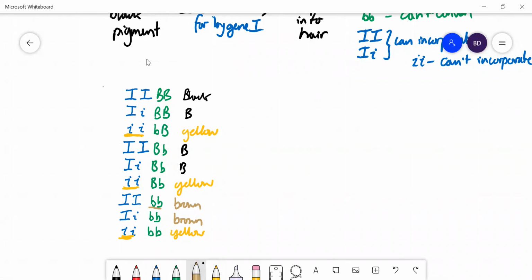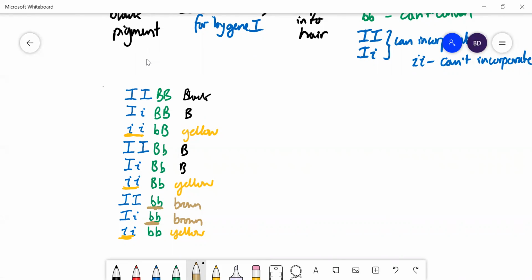Then of the other ones remaining, which ones can be brown? Well, it's the one with the homozygous recessive bb there. So you get those two brown, and everything else can incorporate the pigment, and they can convert the brown pigment into the black, so they're all going to be black. So there you've got three phenotypes: yellow, brown, and black.